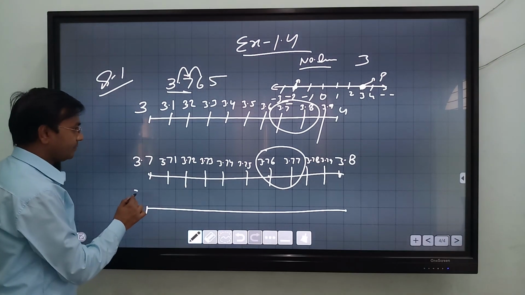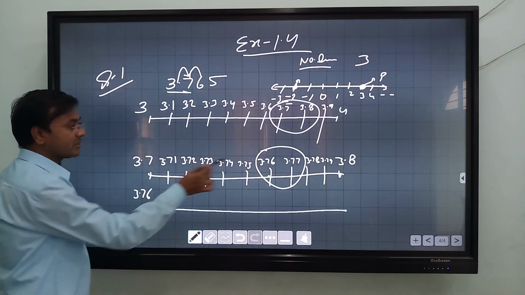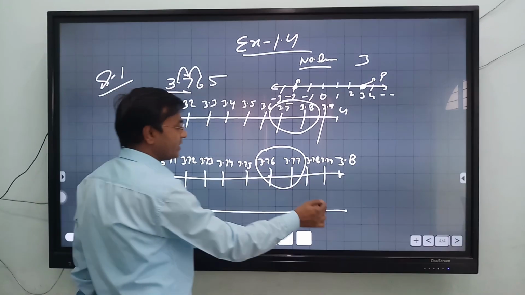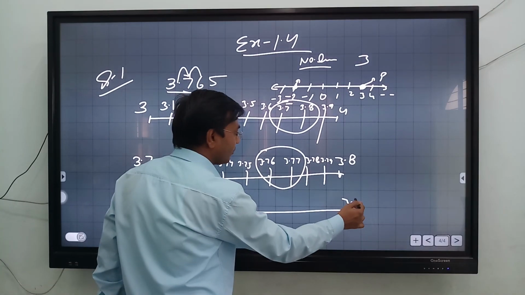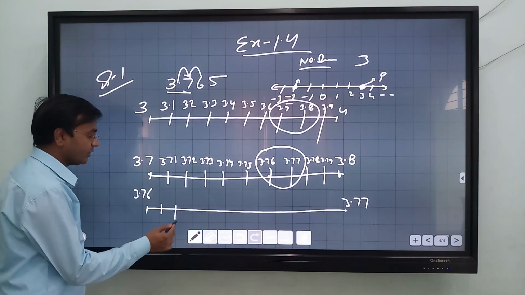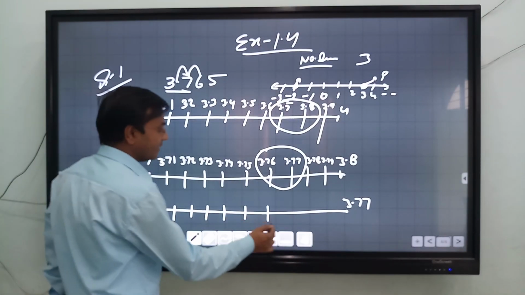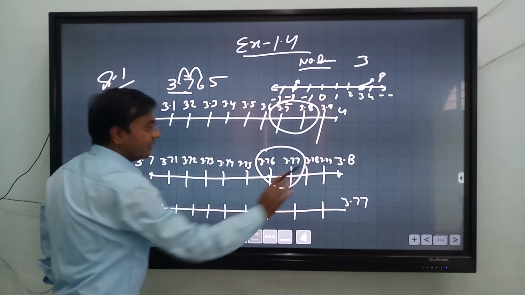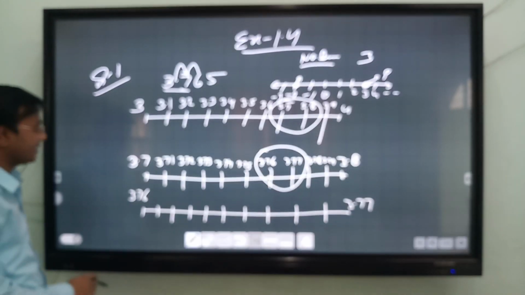So next we will visualize this, that is magnifying between 3.76 and 3.77. Okay, now again 1, 2, 3, 4, 5, 6, 7, 8, 9, and the next number will be 3.77.